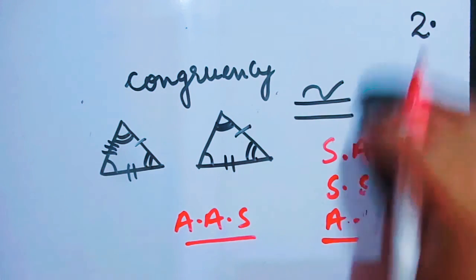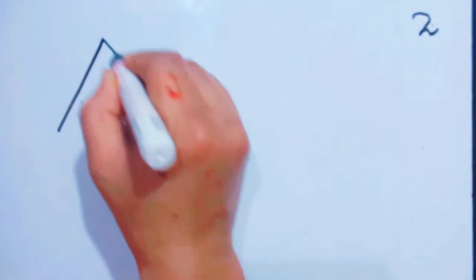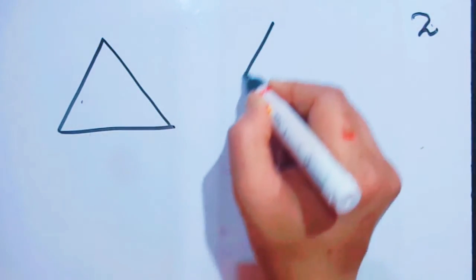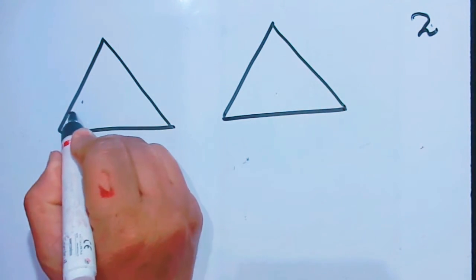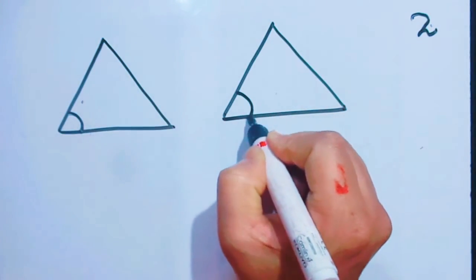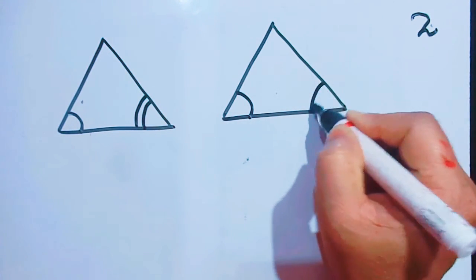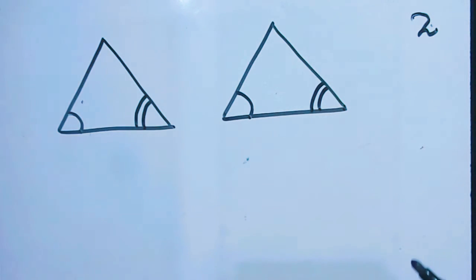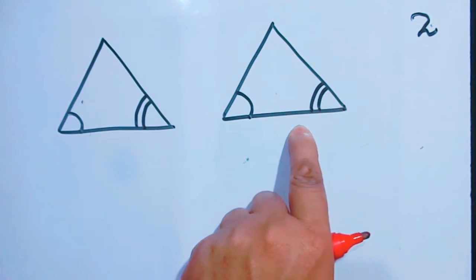Okay, now before we start this, what we are going to do is have a look that if two triangles are given such that two angles of one triangle are equal to two angles of the other triangle, isn't it?